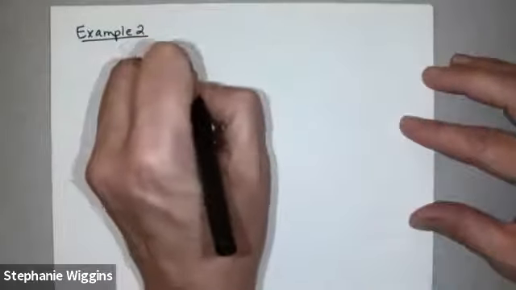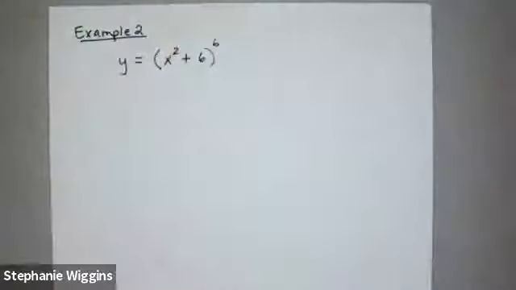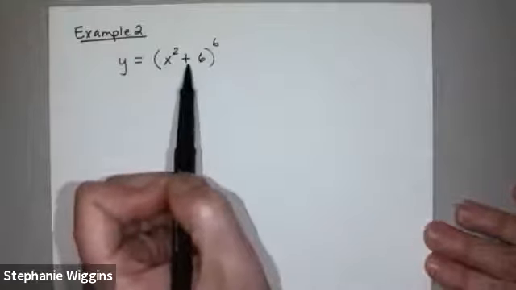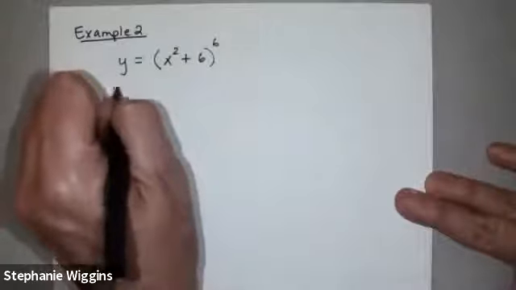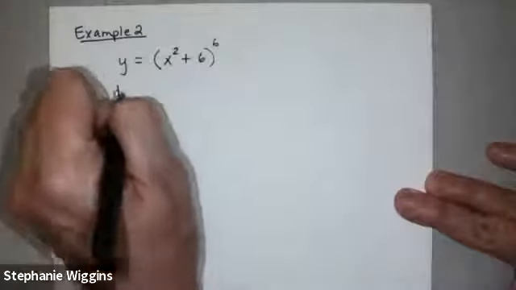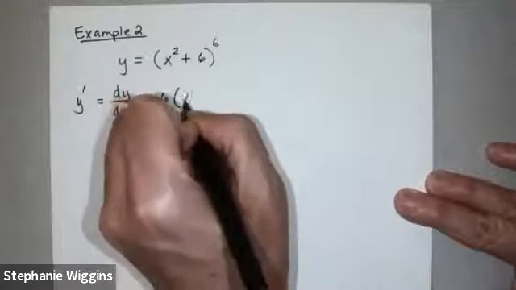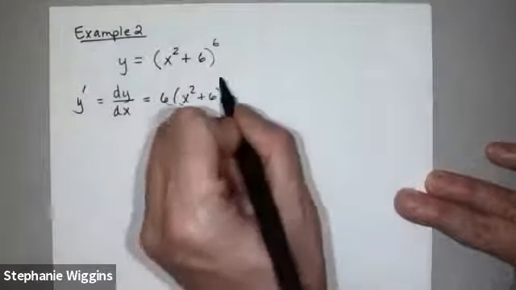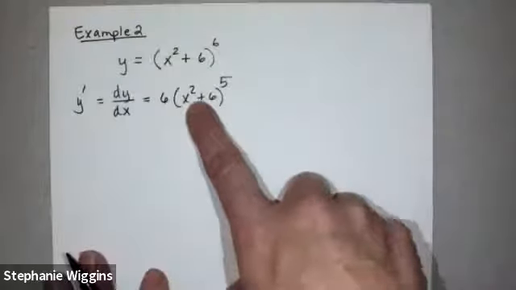We have x squared plus 6 raised to the 6th power. So we're going to need to apply the chain rule because this is a composition. X squared plus 6 is the inside function raised to the 6th power. So we're going to use the extended power rule. So when we take the first derivative, y prime, we take the power out front, 6 times x squared plus 6, subtract 1 from the 6, and then because of the extended power rule here, we have to take the derivative of what's inside.